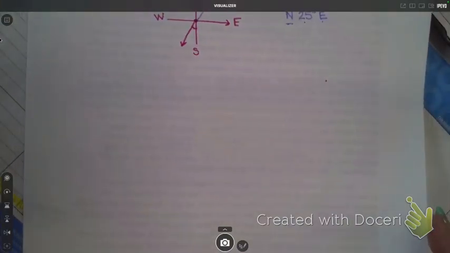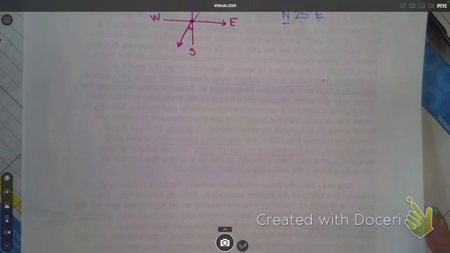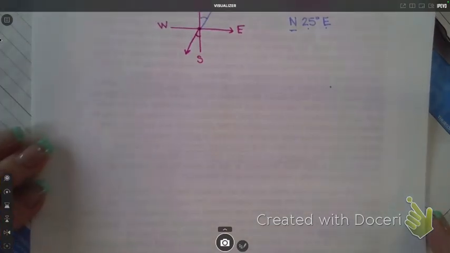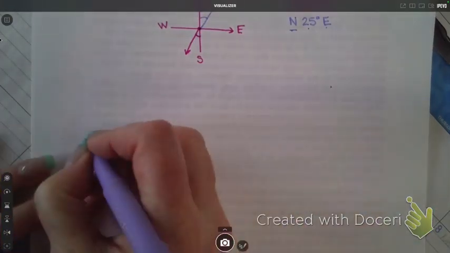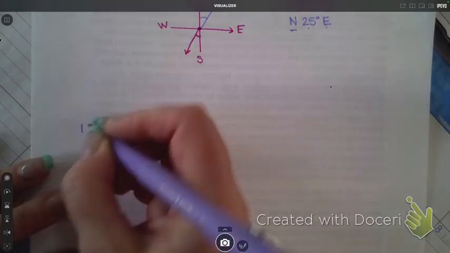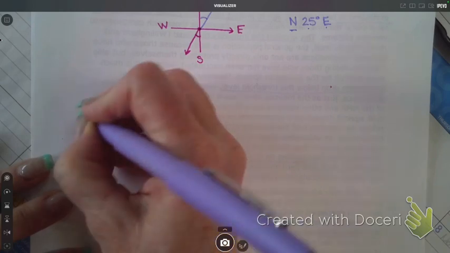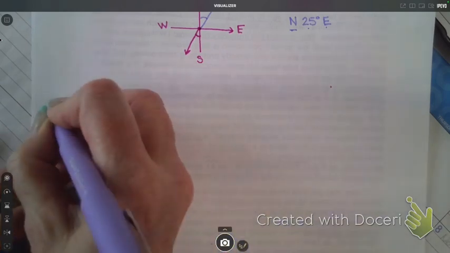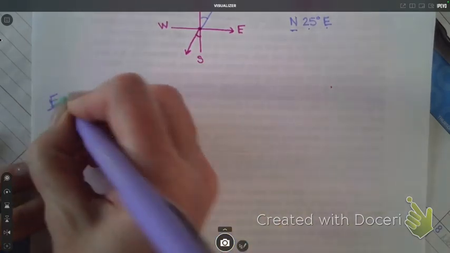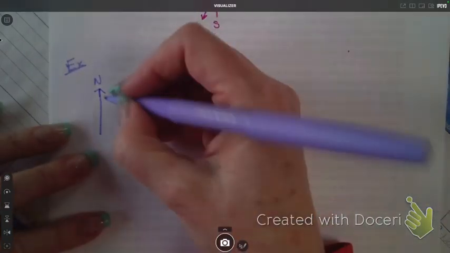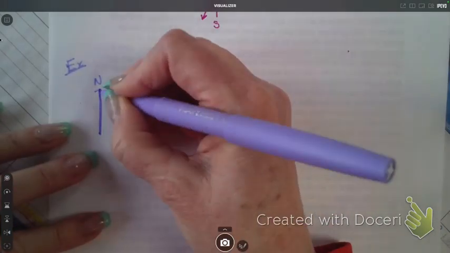San Luis, California is 12 miles due north of Grover Beach. Okay? So, north-south line. Hopefully they look better than that.